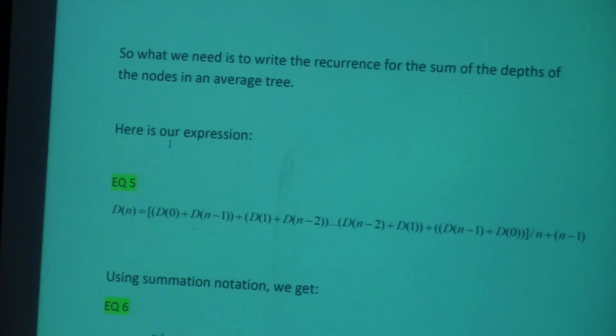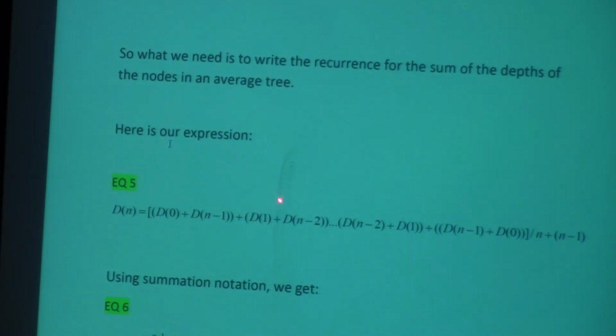Look very carefully at what I'm going to do here. It's very similar to what we had before. It's going to be the average depth of a random tree with 0 nodes plus the average depth with n minus 1. Remember, I have n nodes. So what I'm doing is splitting this into the left subtree and the right subtree, like I did before.